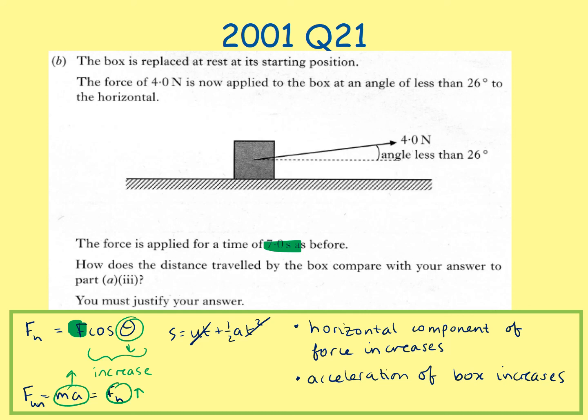That means if this acceleration increases, then that means our displacement is going to increase. So that can be our third little bullet point there. The distance travelled or the displacement increases. And that'd be our final answer there.